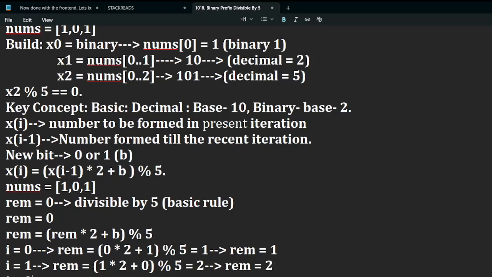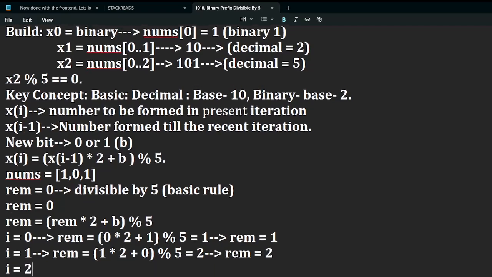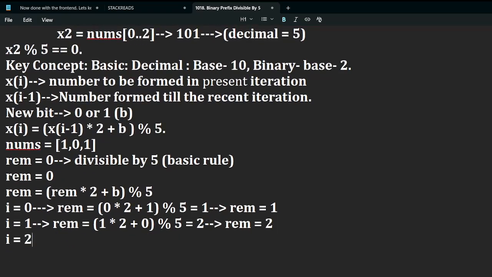When i equals 2, the remainder is 2 into 2 plus b, which is 1, giving 5, modulo 5 is 0. Now the new remainder is 0.